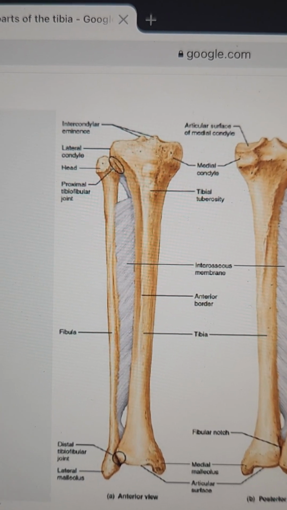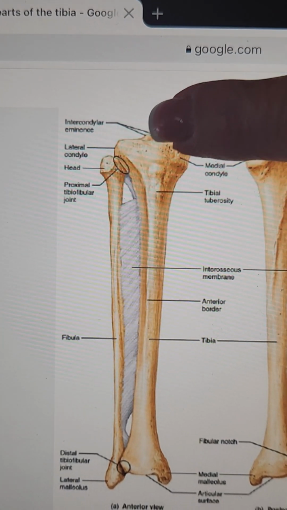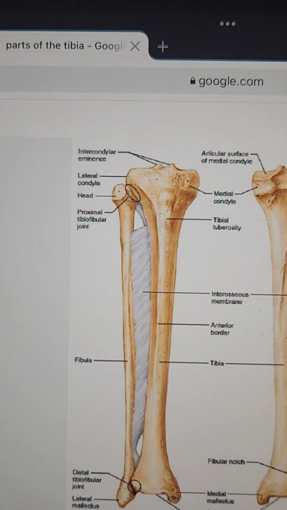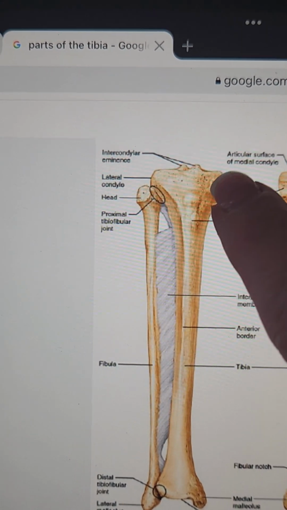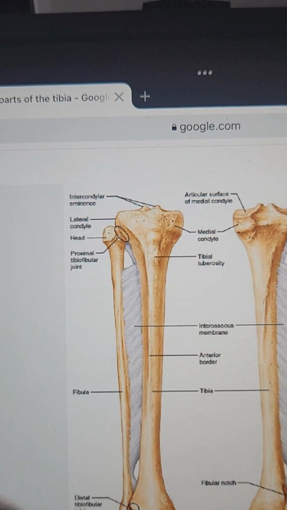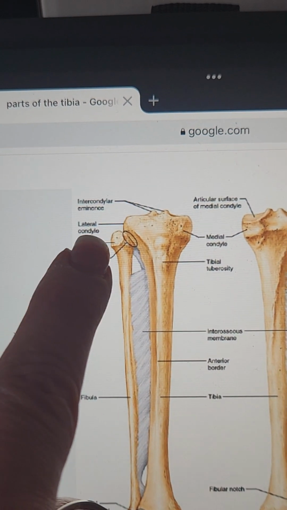At the very top, you'll see we have an intercondylar eminence right there. We also have the medial condyle, medial here, lateral is over here. We also have the head of the fibula right there.